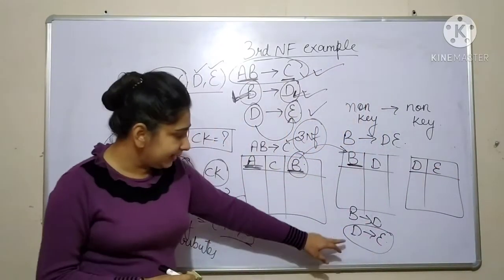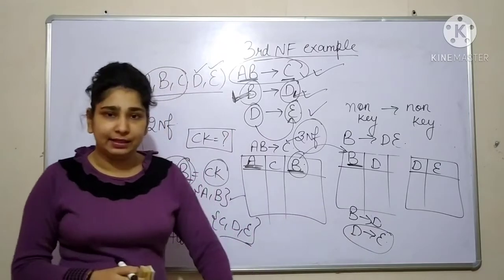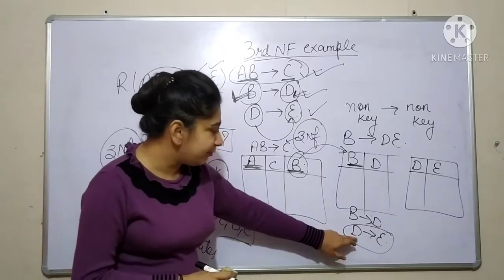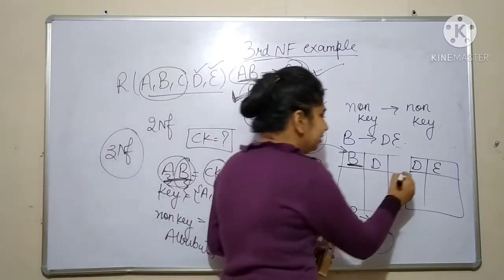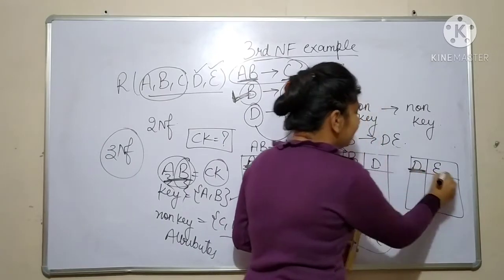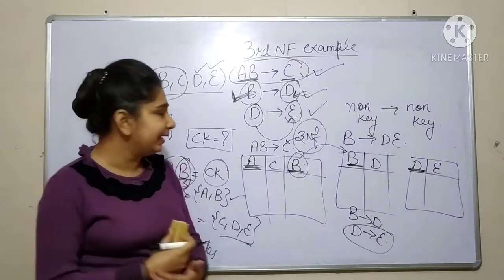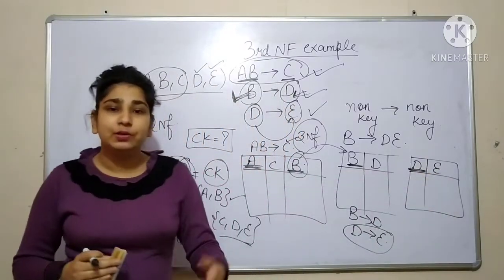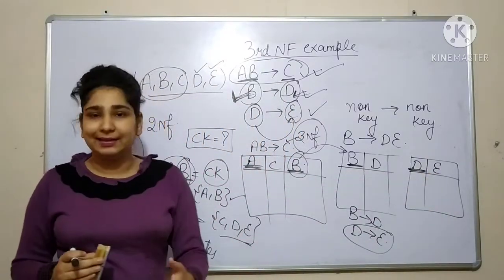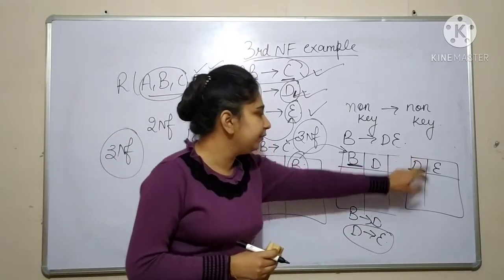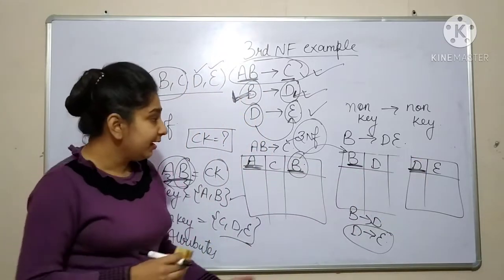Okay, and this D is determining the E attribute. So definitely this D is acting as a candidate key of this relation. This D is determining the attribute E. So definitely D is acting as a candidate key for this relation.